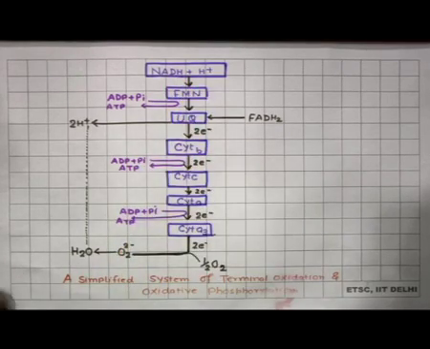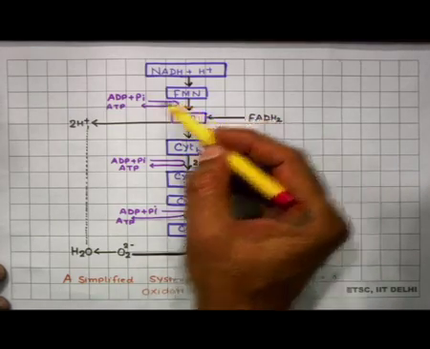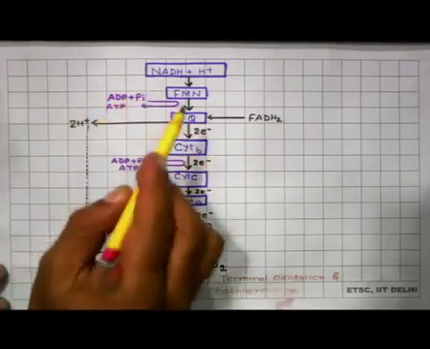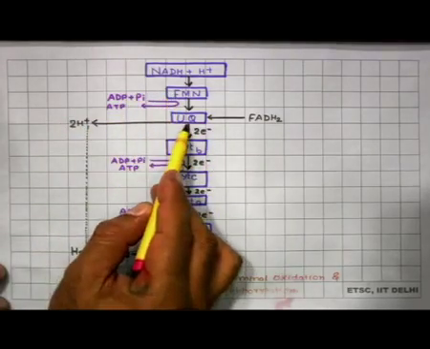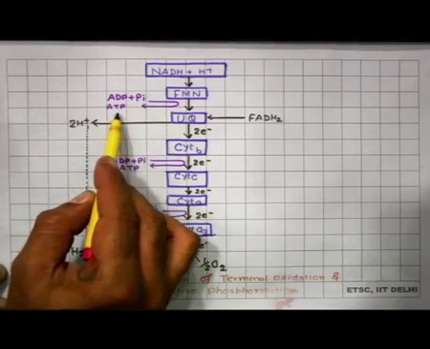In this simplified system of terminal oxidation, we can see that at 3 steps ATP is formed. In between FMN and ubiquinone, ADP when combined with inorganic phosphate forms ATP.